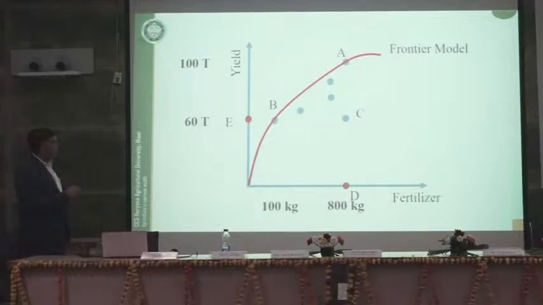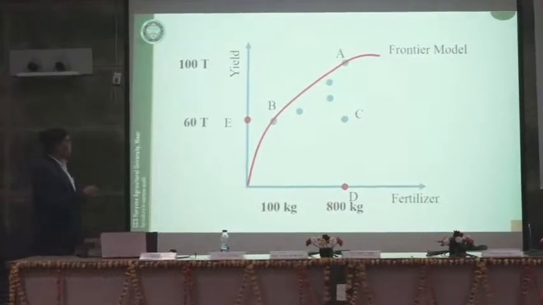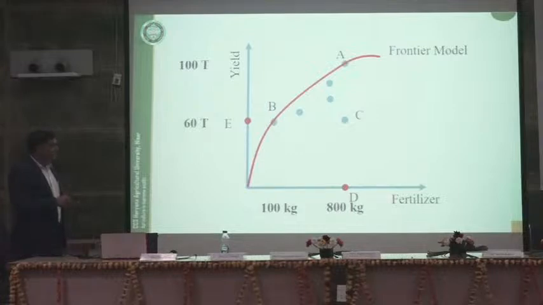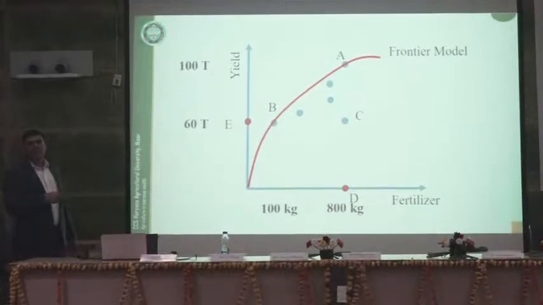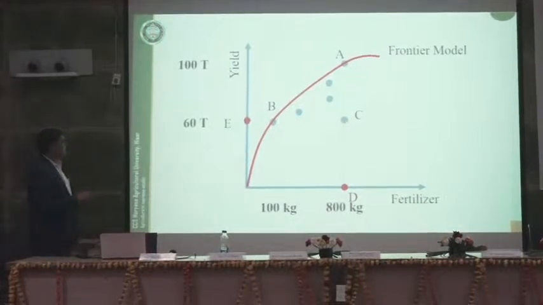Okay. And linear regression gives the estimated value, the average value based on all the observations. So this is the frontier model which gives the maximum output based on these doses of fertilizers. And these are the main points which we will discuss.